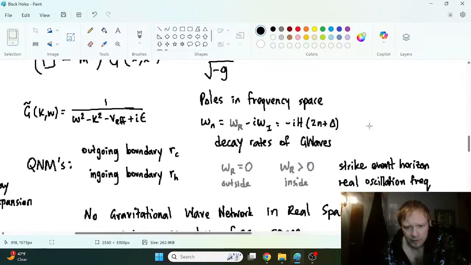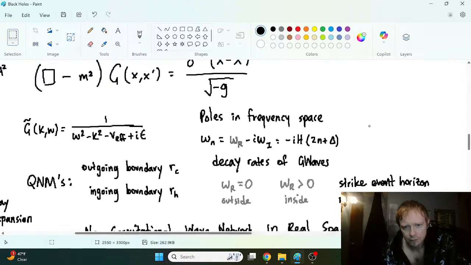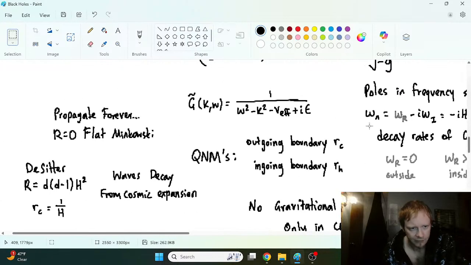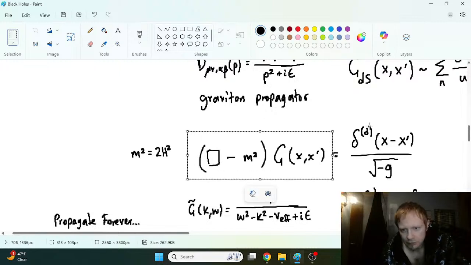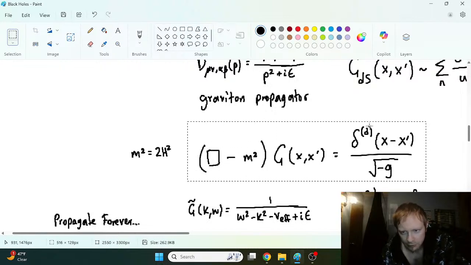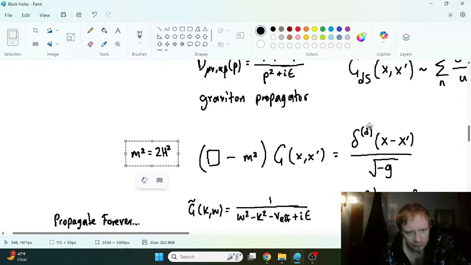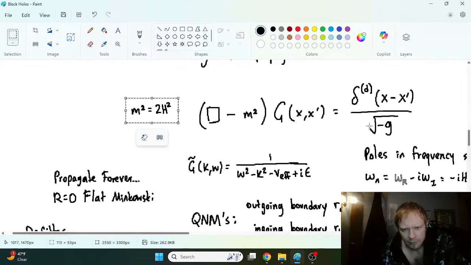What they give us are the decay rates of gravitational waves. That's because we are able to take a regular propagator here, and we can set the mass equal to 2H squared. That should be a gravitational wave.